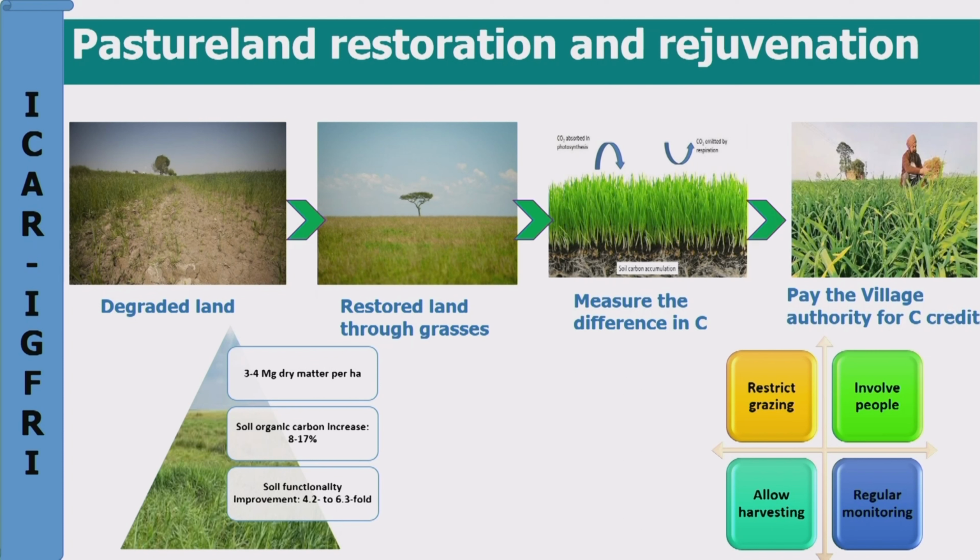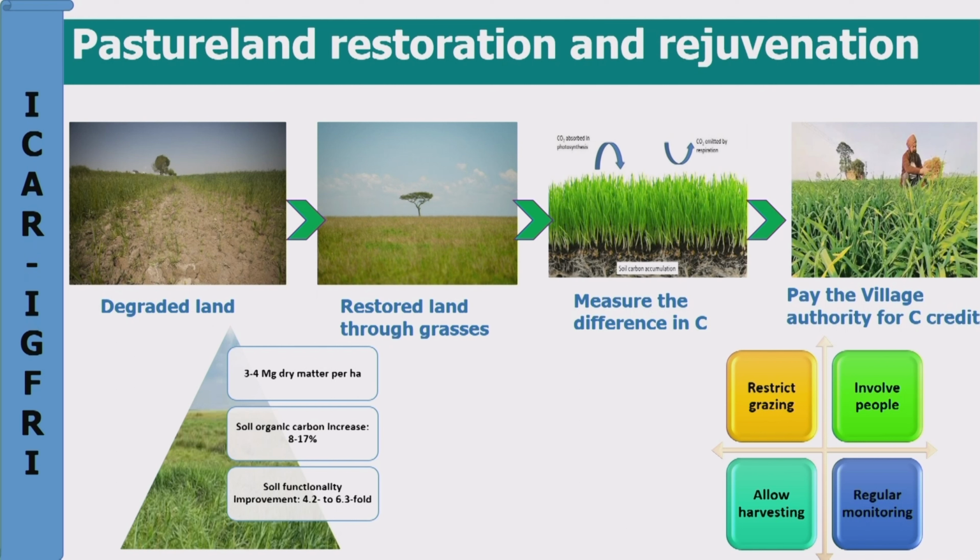And pastoral restoration and rejuvenation is an important aspect in India to restore the degraded land. As we see, approximately 80 hectares of degraded land in India was restored through the seeding of grasses like Megathyrsus maximus, Stylosanthes seabrana, as well as Cenchrus ciliaris.